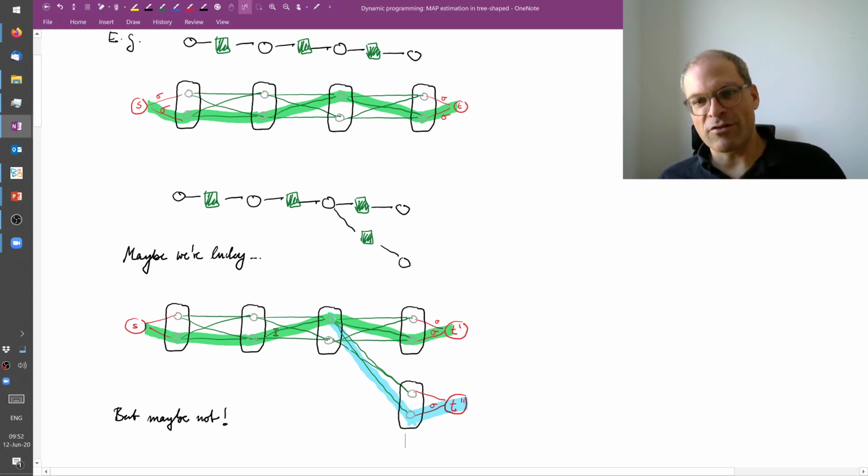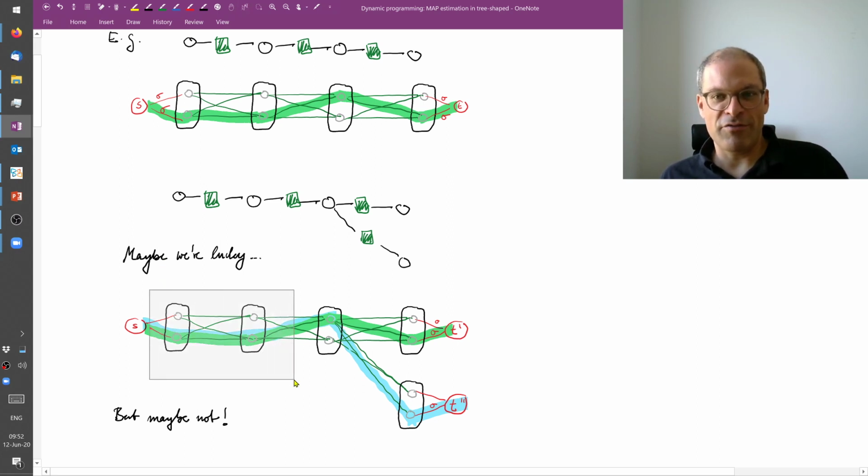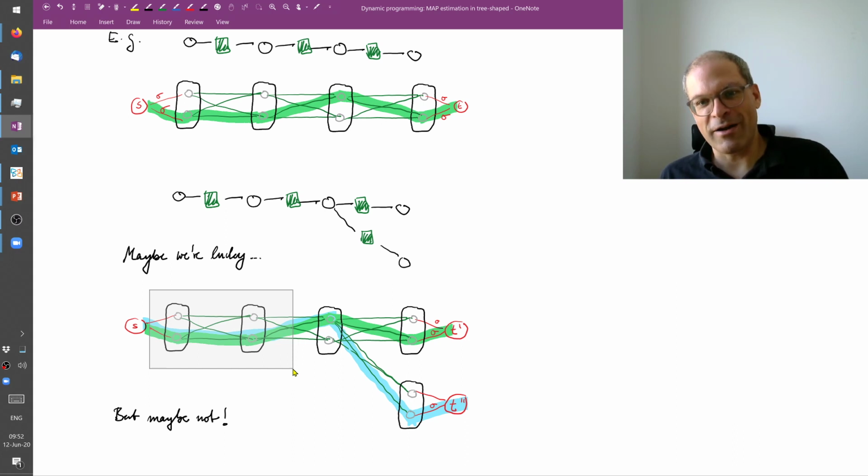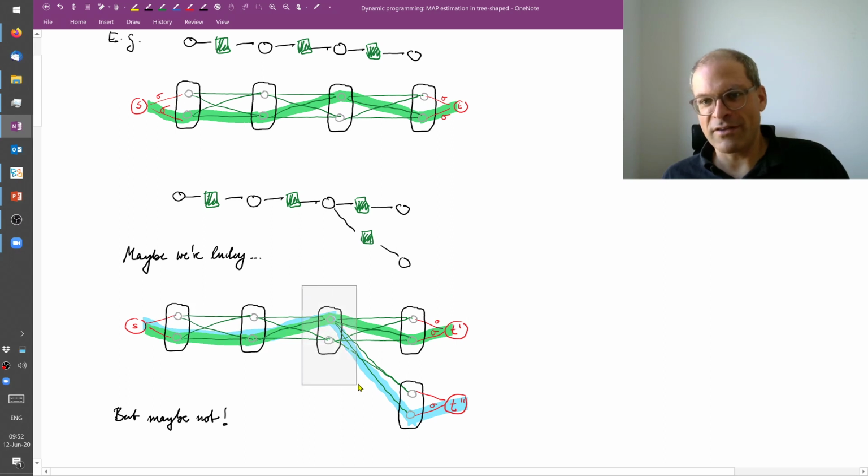Because the green shortest path and this blue shortest path here, well, for sure, we know that they must agree here, because if there was a shorter path for the green one, an even shorter one than this one, then the blue one would also follow it on the left.